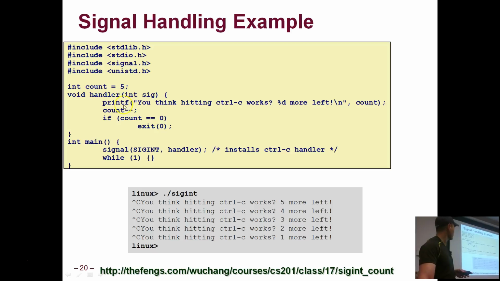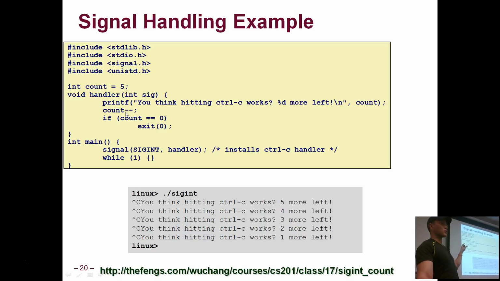If the handler finishes, then the semantic is that it's going to return back to the instruction that it was executing when it got that signal. And if you look at what main does, it establishes that handler, and then it does an infinite loop. So when you send Control-C, it's going to run this handler for the first time, and then return back into this infinite loop. And then you do Control-C again, and it'll do this again. And meanwhile, it's decrementing the count.